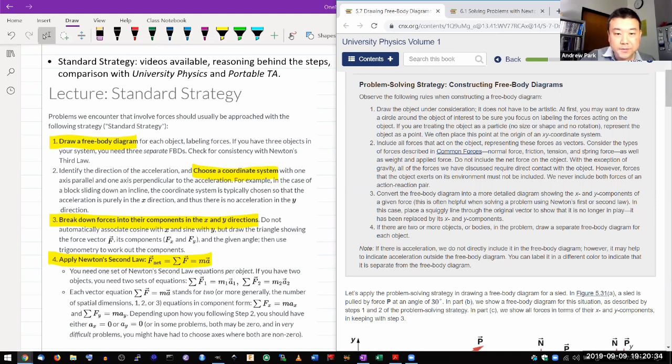In your textbook, it tells you to draw the object under consideration. It says it does not have to be artistic, and we take it to an extreme. It does say if you are treating the object as a particle, represent the object as a point, and that's what you are seeing us do so far in this class.